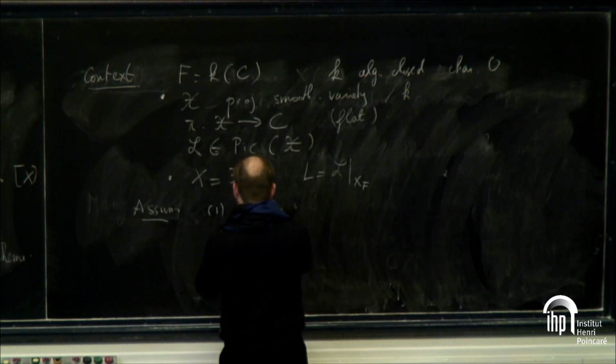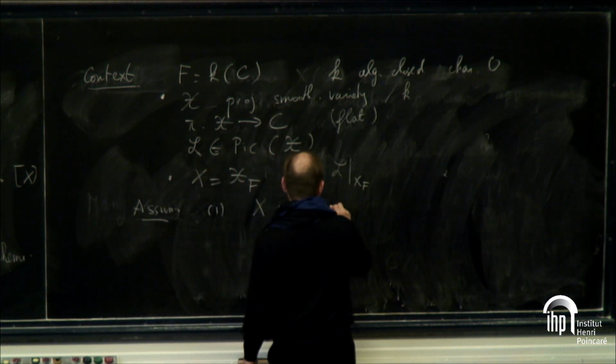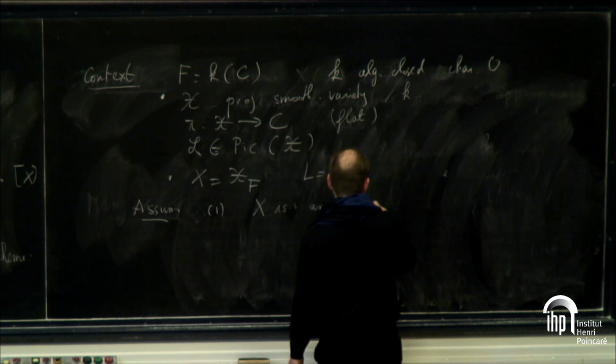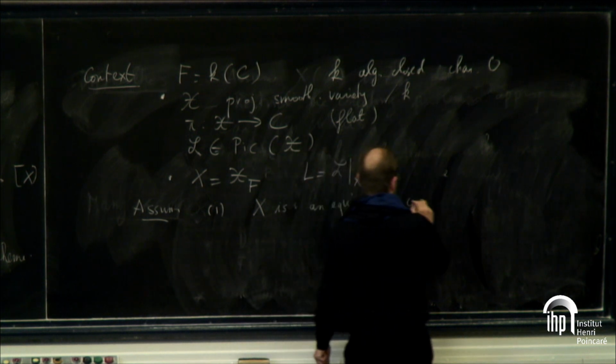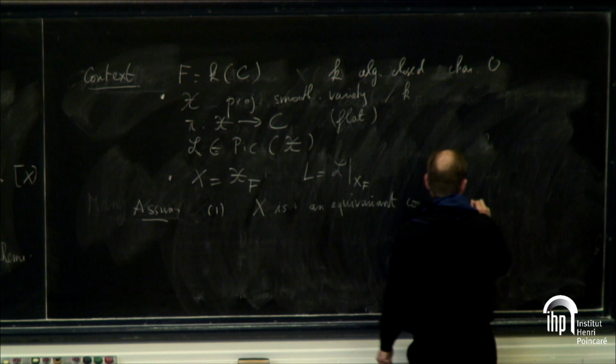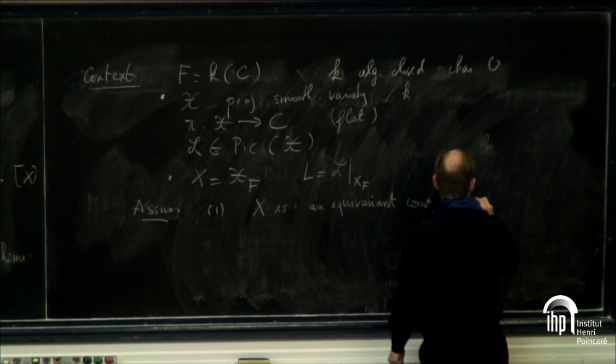one assumes that X is an equivariant compactification of an additive group, of a vector group.